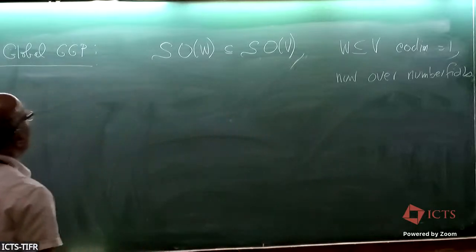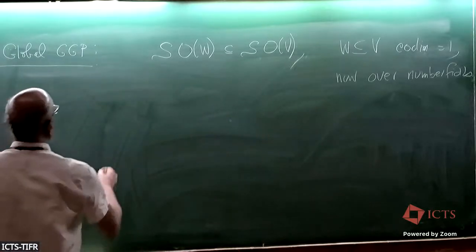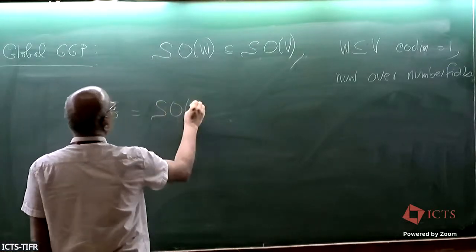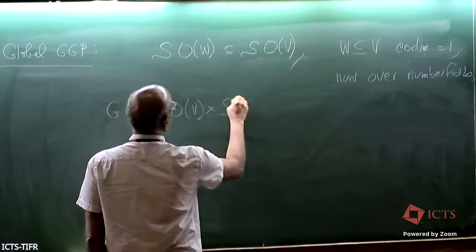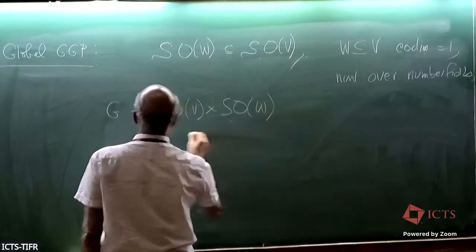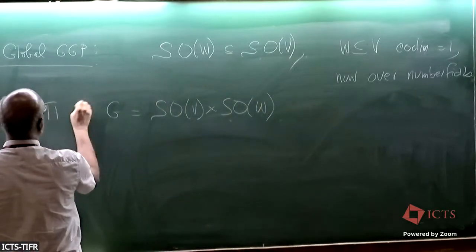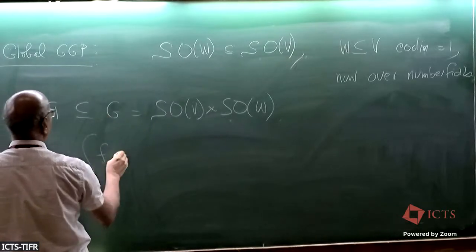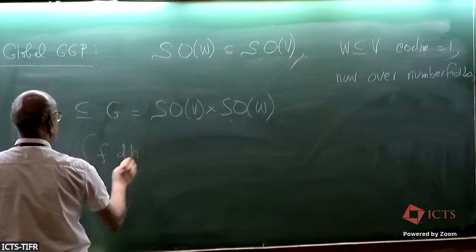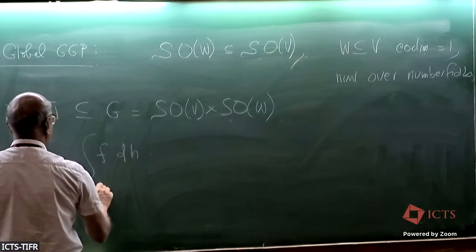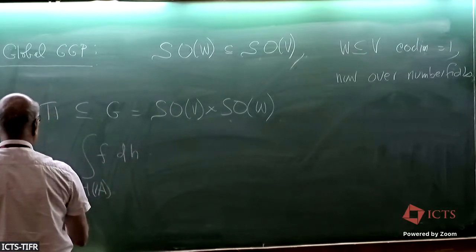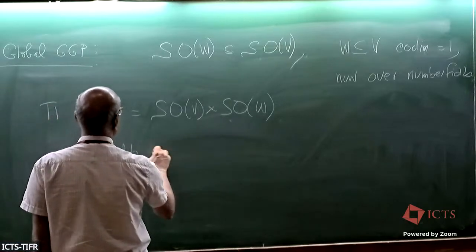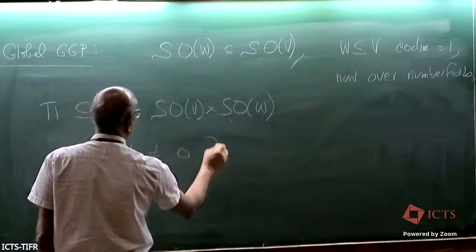So then we talked about the group G, which is SOV cross SOW, and you have an automorphic representation pi here. And then one talks about the integral of f dh on this group H_A mod H_F. And the question is, when is this not identically 0?